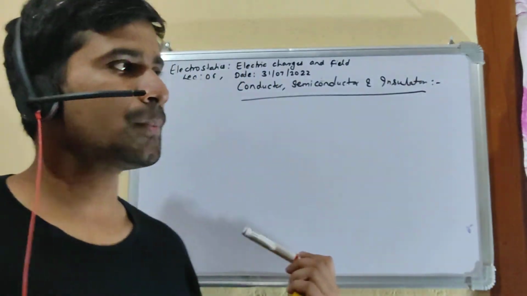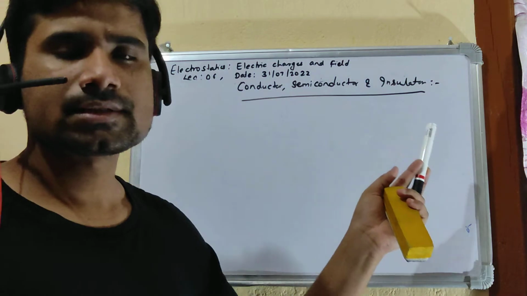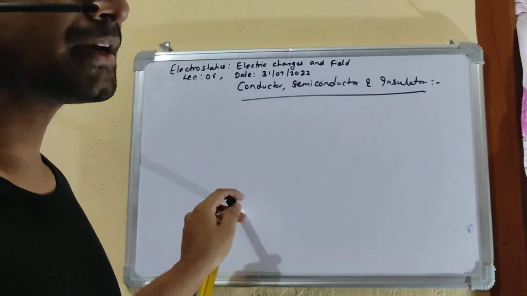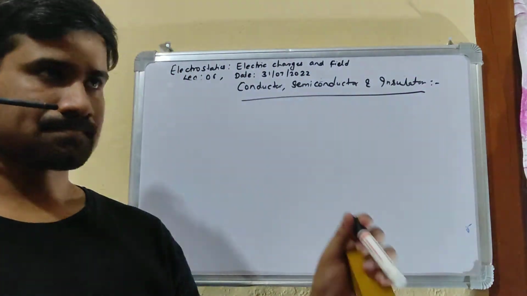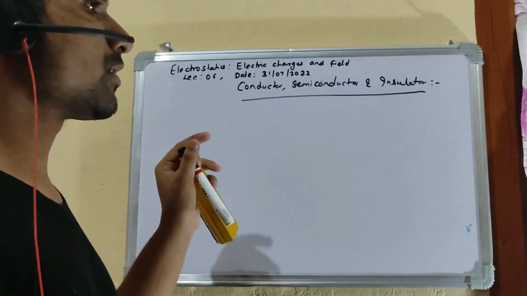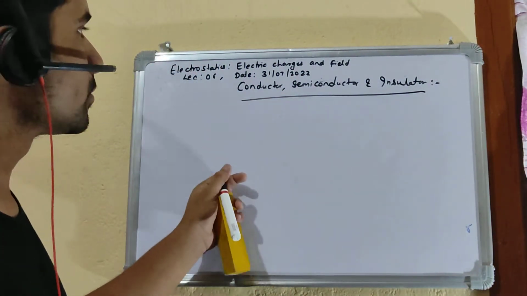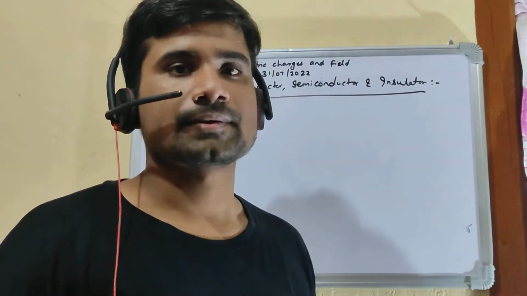This is nothing new to you. So what is a conductor, what is a semiconductor, and what is an insulator? A conductor, as the name suggests, is something that allows conduction to happen, right? So conductors are those species, atoms or molecules which have free electrons, right?